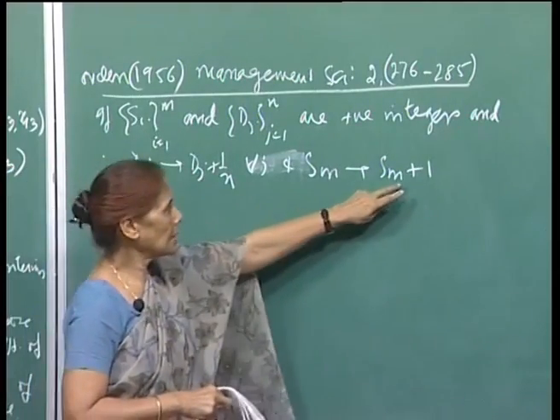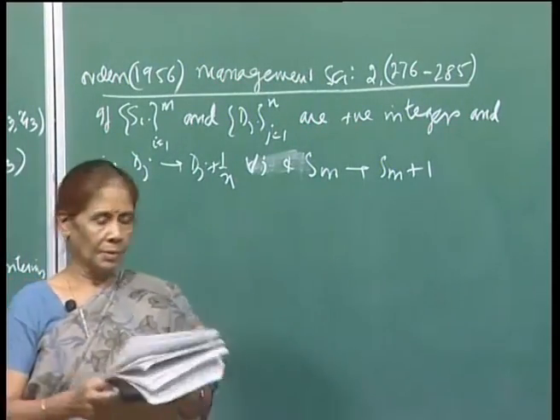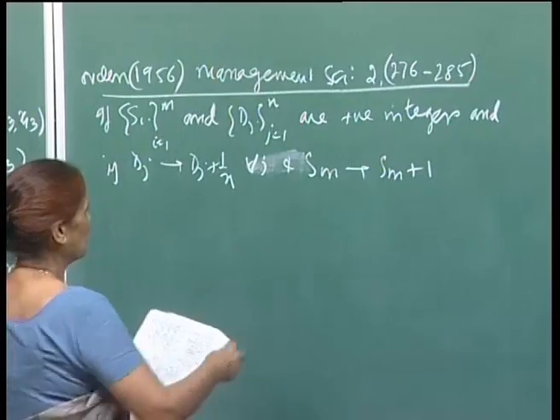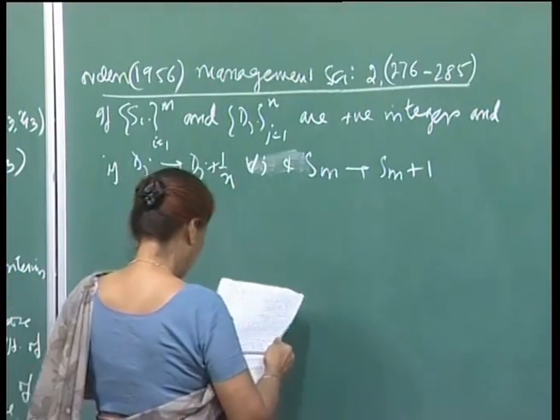So, you perturb the last supply point's supply as S_m plus 1.